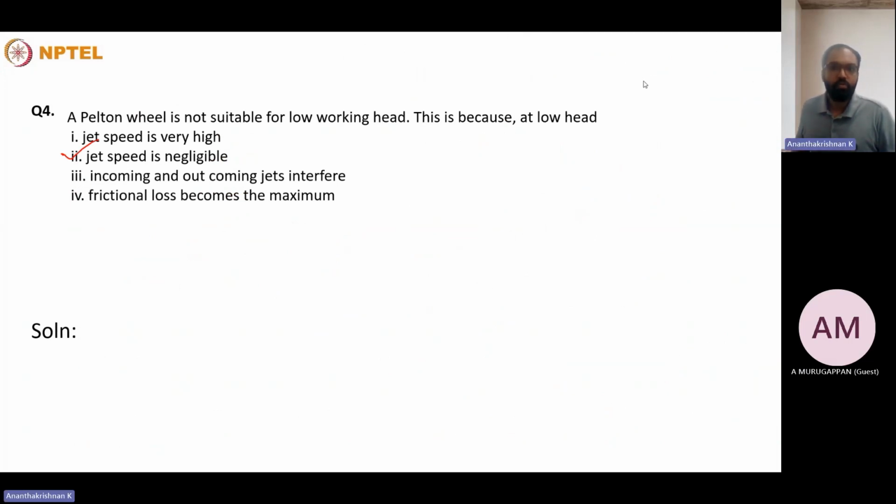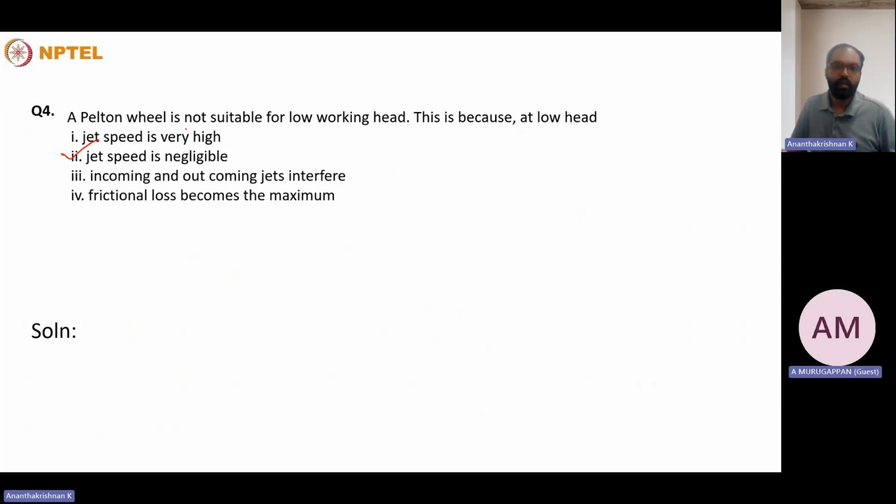The same argument holds which we have seen in one of the previous questions. In this particular question, a Pelton wheel is not suitable for low working head. This is because at low head, jet speed is very negligible, as it's actually the head which will be converted to the kinetic energy.